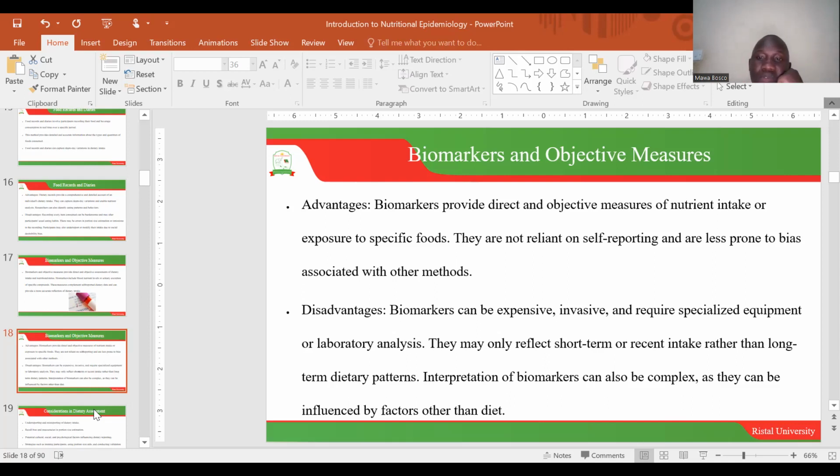Also, interpretation of biomarkers could be a challenge, because other factors could influence the biomarkers that you're investigating and not necessarily be nutritional issues.